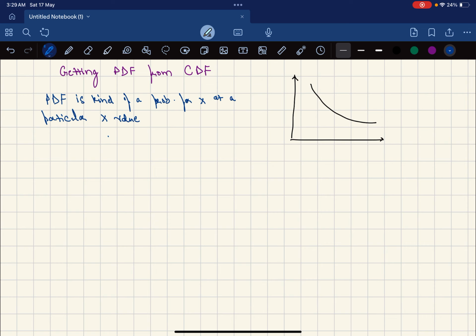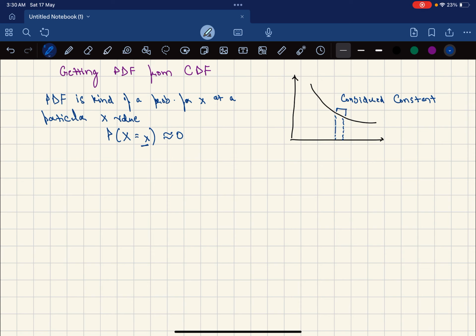Now, if you remember, for a continuous distribution, the probability of the random variable x taking an exact value is approximately equal to 0. So to get the PDF, we look at a very small interval where this curve could be considered a constant value.